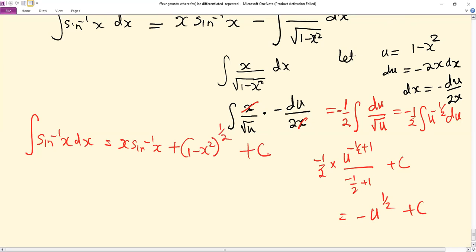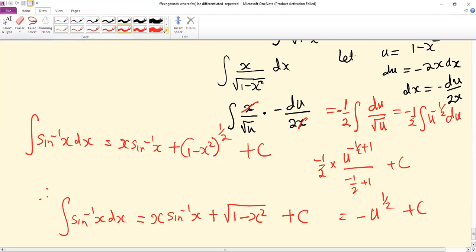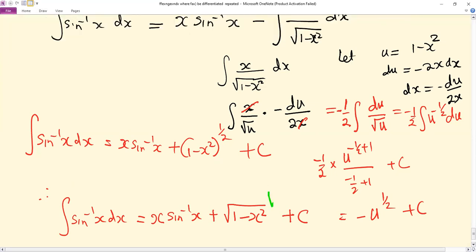Which is the same thing as saying the integral of sine inverse of x dx is equal to x sine inverse of x plus the square root of 1 minus x squared, and then you add a constant of integration c. So therefore, that will be the solution to that particular problem.